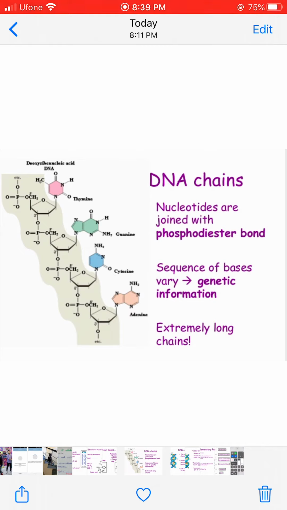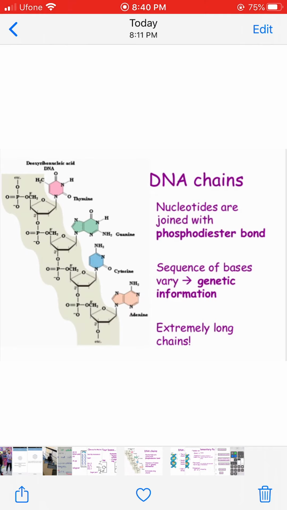All these A, T, G and C nucleotides are going to be arranged in the form of DNA chains, where different bondings are present. Nucleotides are joined with phosphodiester bonds. You can recall the bonding of the other major biomolecules of the human body, like carbohydrates, which contain the glycosidic linkage, and proteins, which contain the peptide bonds.